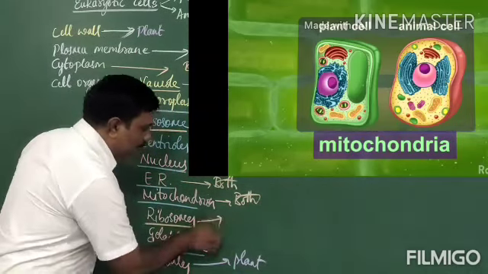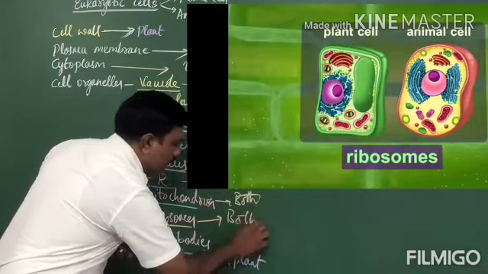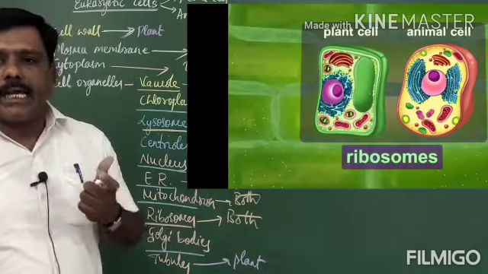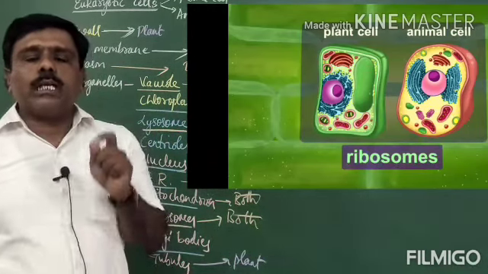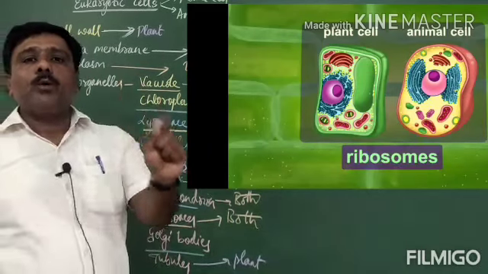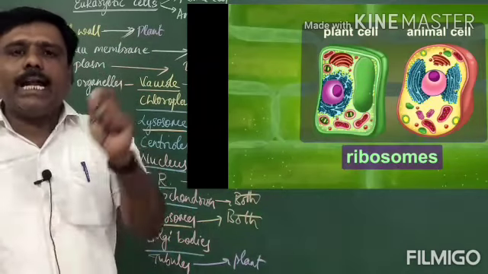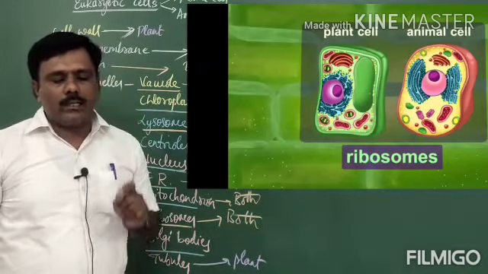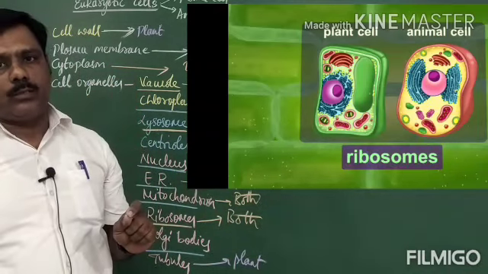Then the membraneless cell organelle is the ribosome. It is also found both in plant and animal cells. These ribosomes are commonly called protein synthesizing factories. Both plant and animal cells have 80S type ribosomes.